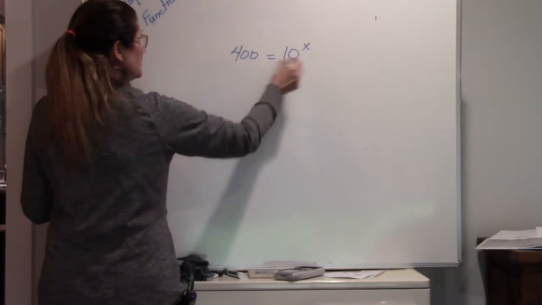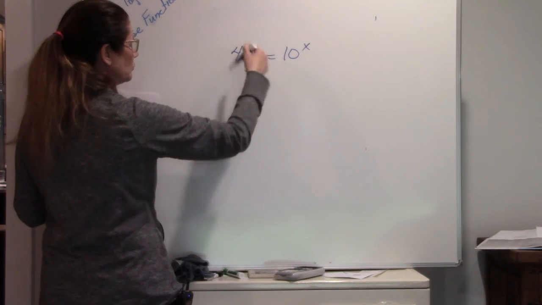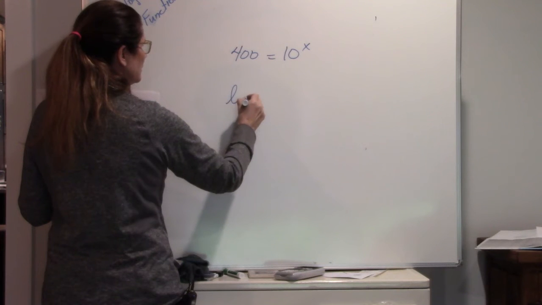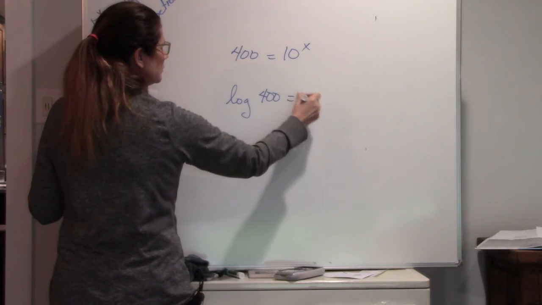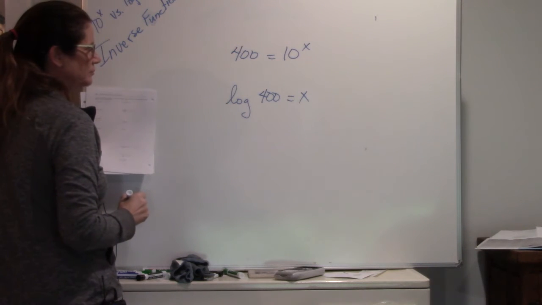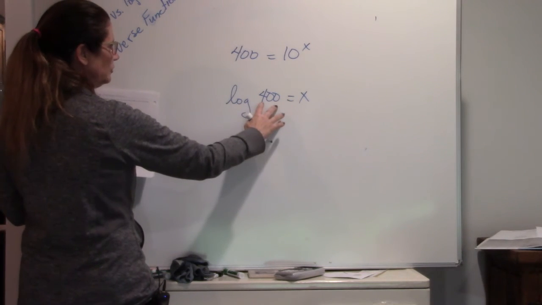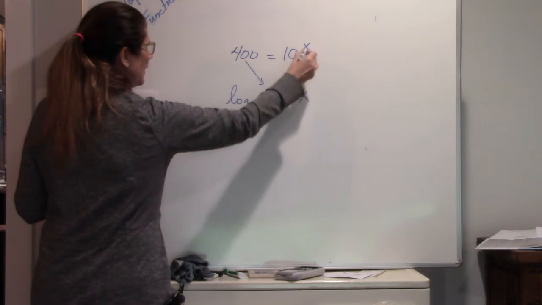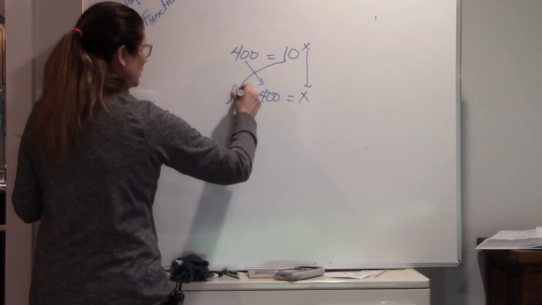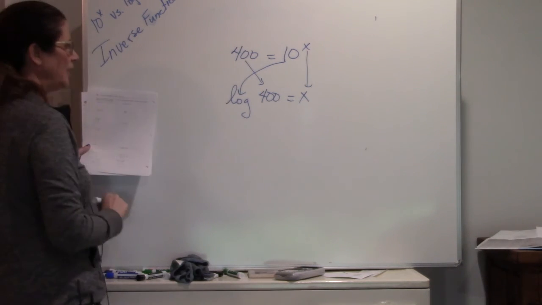So if this is in exponential form and it's base 10, I can rewrite this as log of 400 is going to equal my exponent. So base 10 of the total equals the exponent. You can see I really am using the exact same information. I've just rearranged it. So now I just plug it into my calculator.